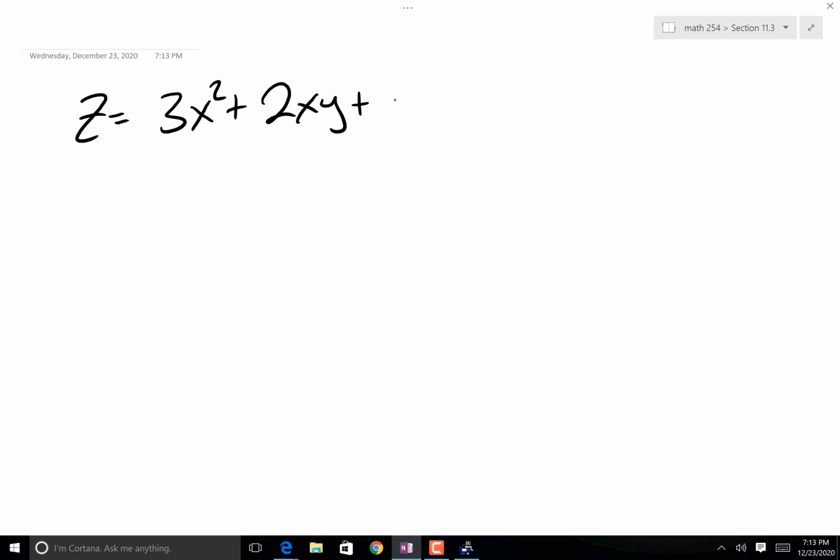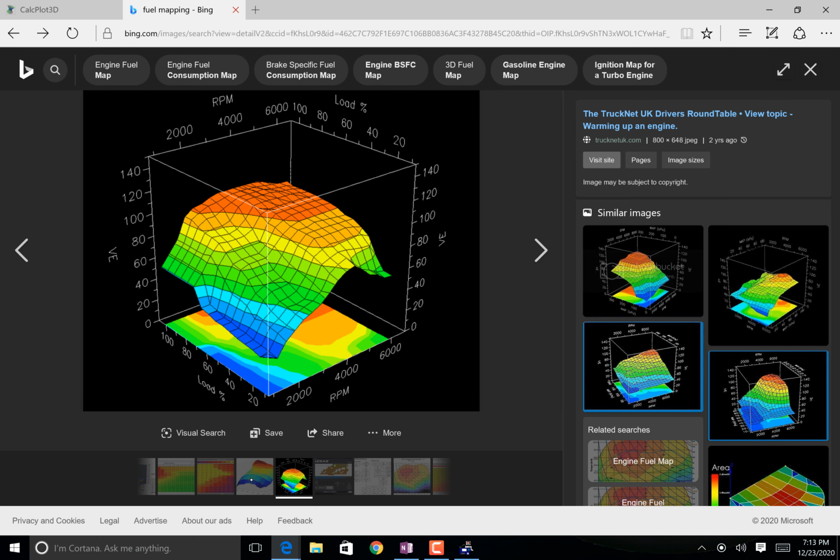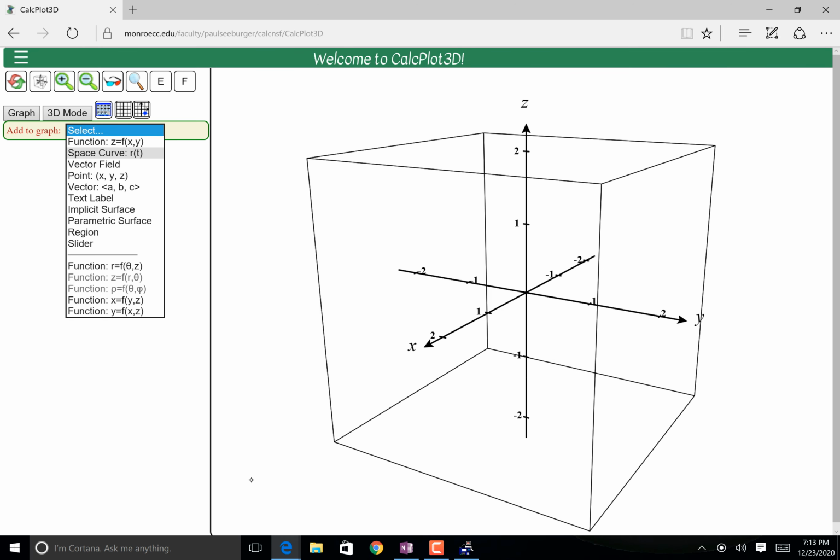Let's go take a look at this here, just for a good time, shall we? And the contour plot 3D can just go away. I don't need it anymore. All right, there we go.